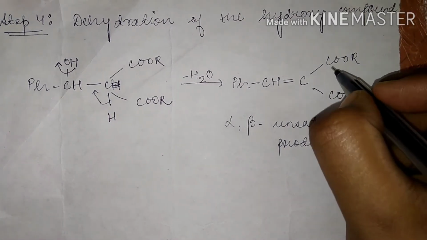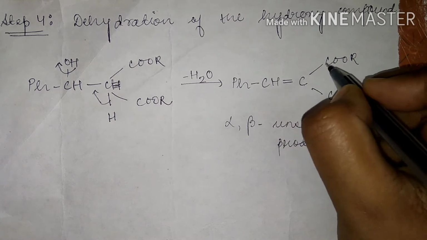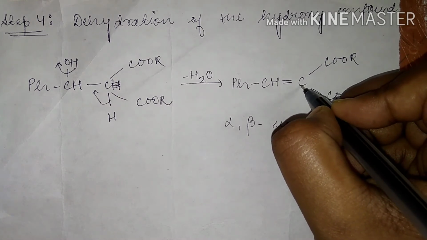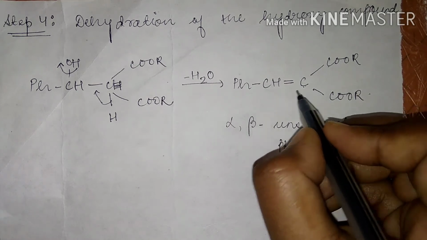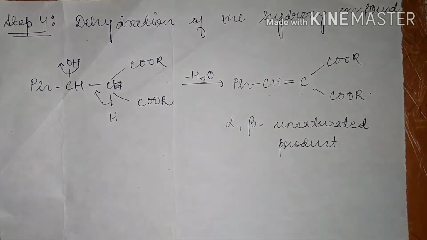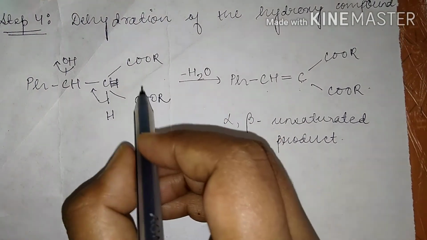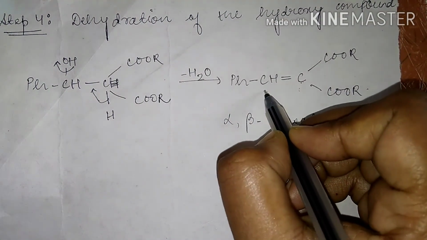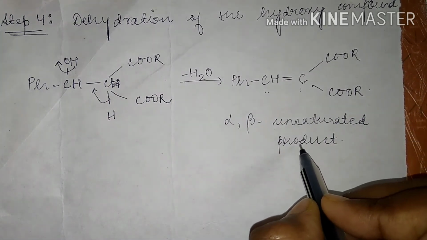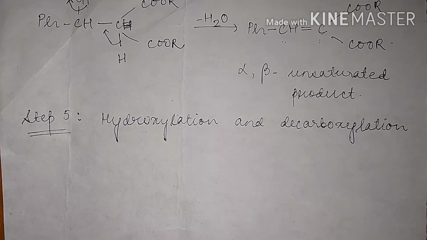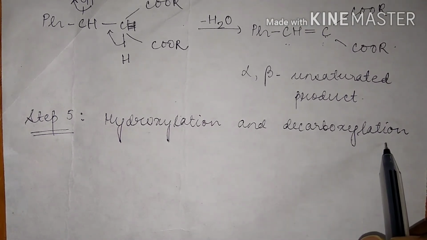Because if we notice here, this is our carbonyl group. The carbon just beside this carbonyl carbon is called the alpha carbon, and the one next to the alpha carbon is the beta carbon. As the dehydration has taken place from the alpha and beta positions, this is known as the alpha beta unsaturated product. Step 5 has hydrolysis and decarboxylation simultaneously.